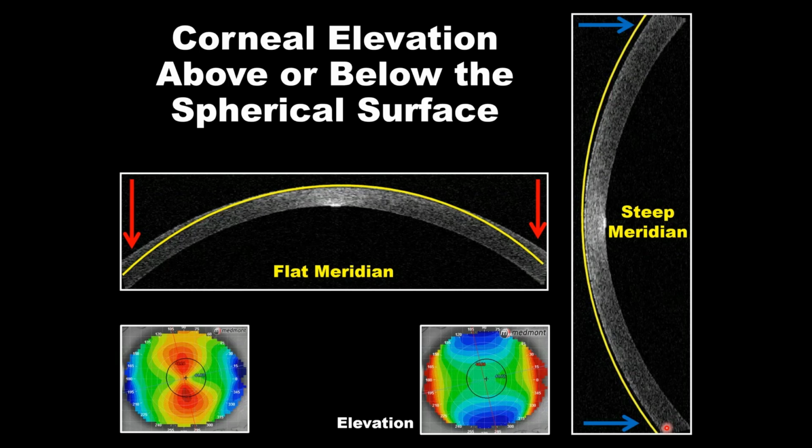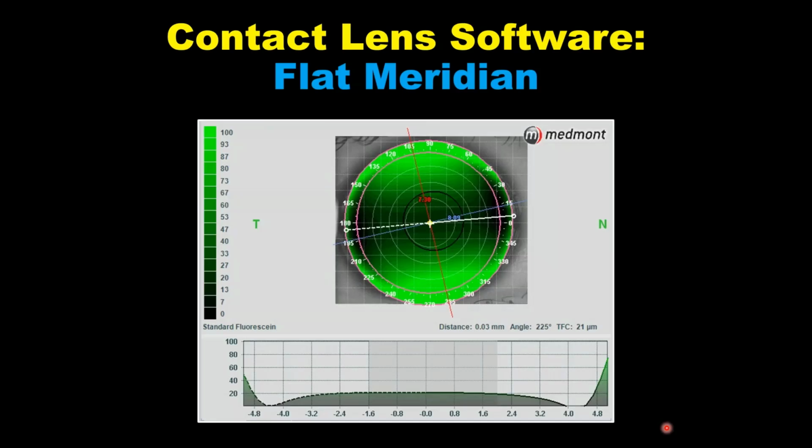So the elevation map is going to tell you about height, and that is the real story in contact lenses. If we want to understand anything about a fitting of any contact lens, a soft lens, a scleral lens, and everything in between, we need to understand height or sagittal depth.